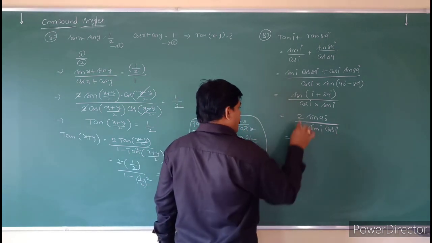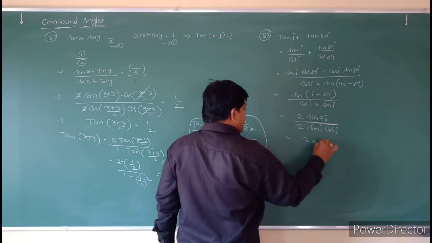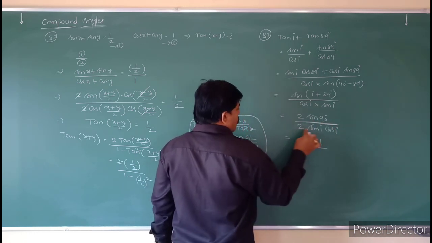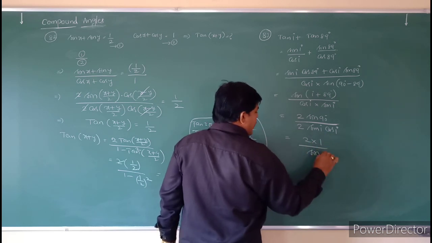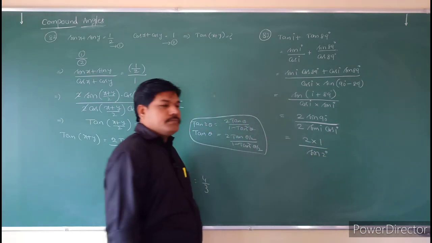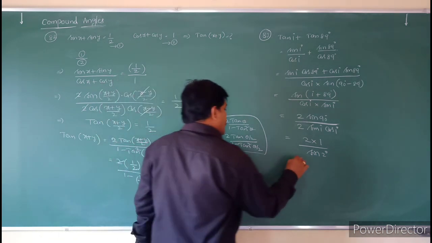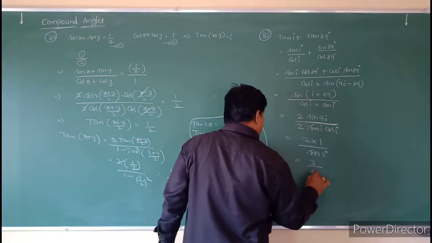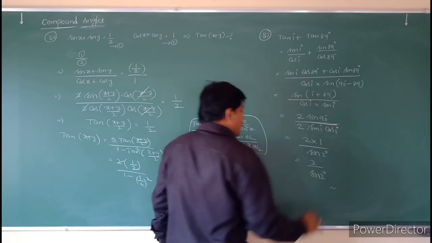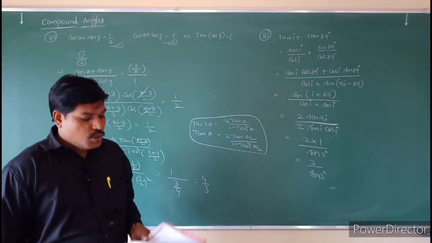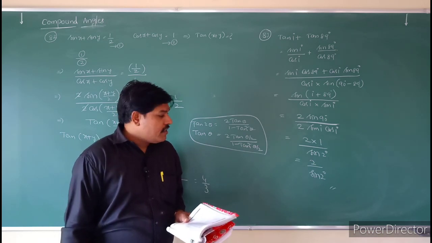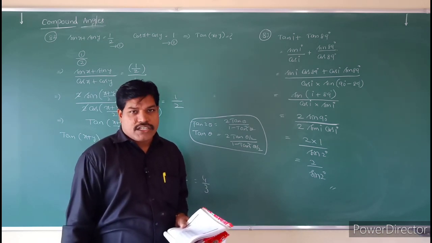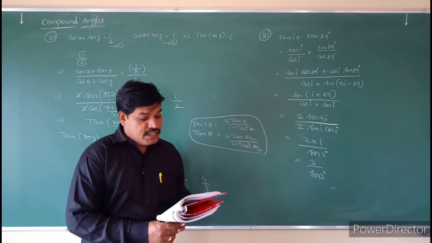So that implies 2 into sin 90 is 1, by sin 2 theta, and 2 into 1 degree becomes 2 degrees. So the answer is 2 by sin 2 degrees. That is the CET question. Do you understand that?